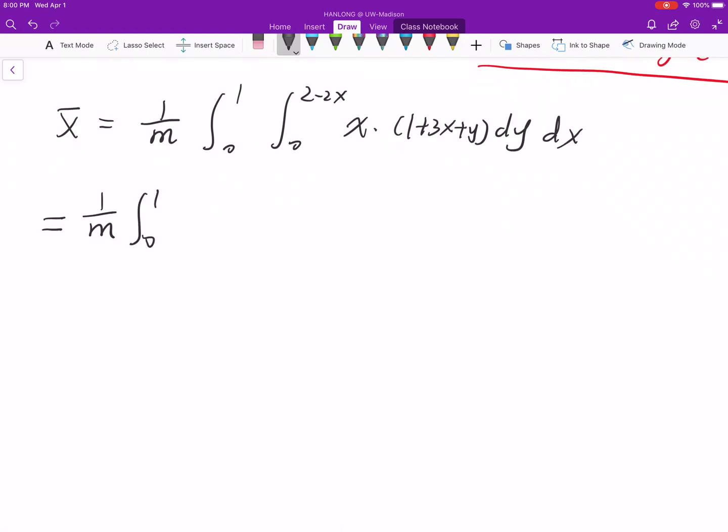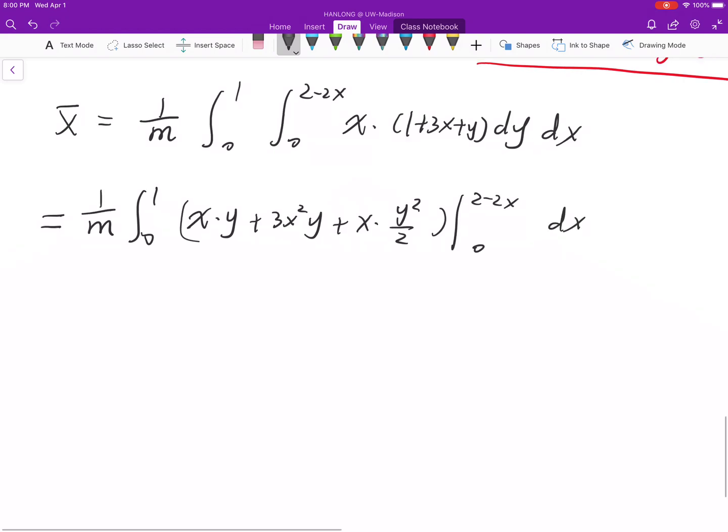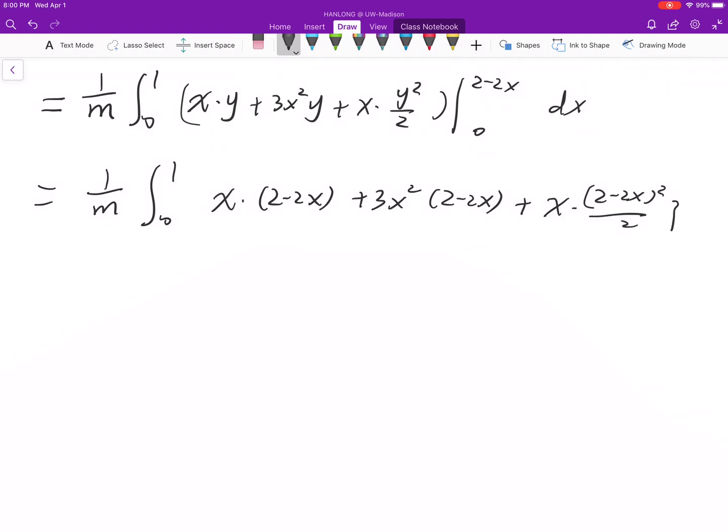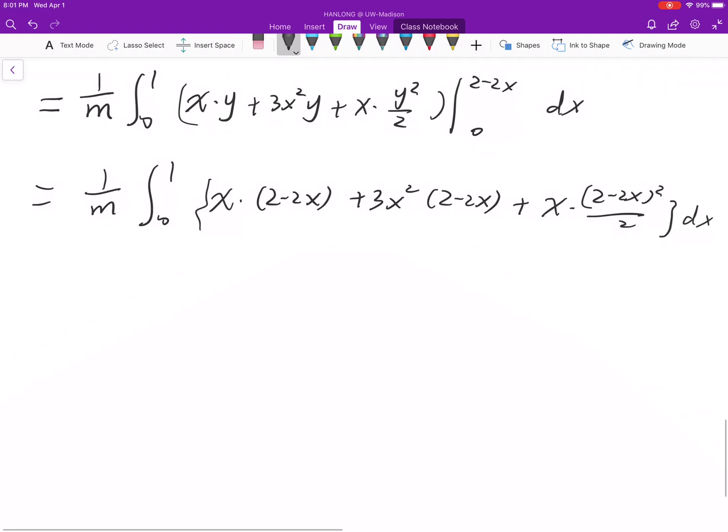Okay, so inside you have x times y plus 3x squared times y plus x times y squared over 2, from 0 to 2 minus 2x, dx. And then you have 1 over m, integral from 0 to 1 of x times 2 minus 2x plus 3x squared times 2 minus 2x plus x times 2 minus 2x squared over 2, dx.